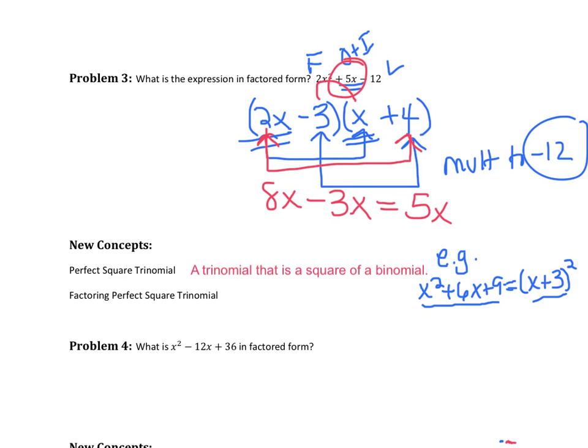Okay, so in problem 4, can you go through those two first? Sure. All right, so a squared plus 2ab plus b squared is going to equal the binomial a plus b squared, and that's what we call a perfect square.